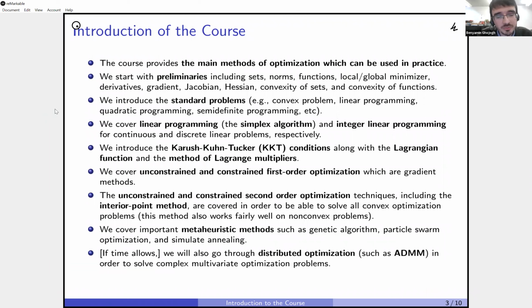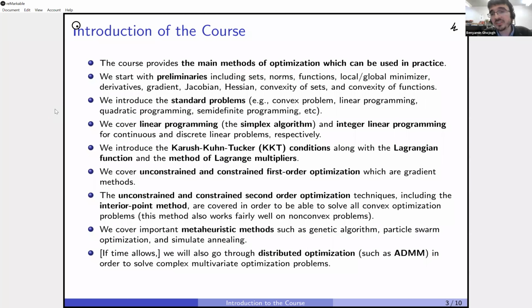We will introduce afterwards the standard problems: convex problems, linear programming, quadratic programming, semi-definite programming. We'll see what these mean. And then we go and cover linear programming, the simplex algorithm. Specifically, we will focus on the tableau method, which is one of the implementations of the simplex algorithm.